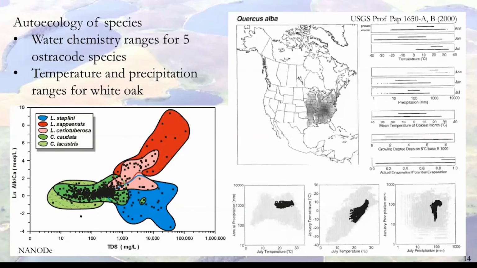So the left shows today January and July temperatures, January precipitation, etc. The faint gray areas are all the climate combinations that are found in North America, okay, and then the black parts indicate where white oak is found today.